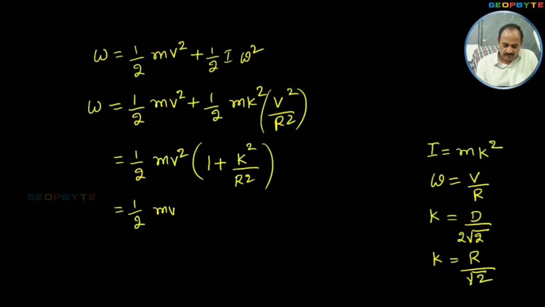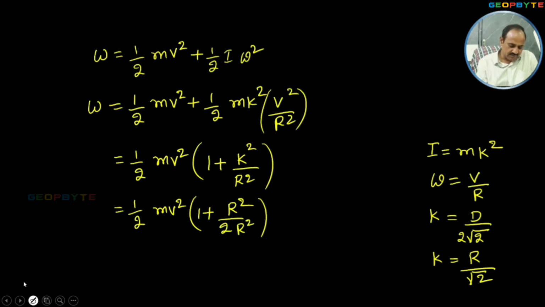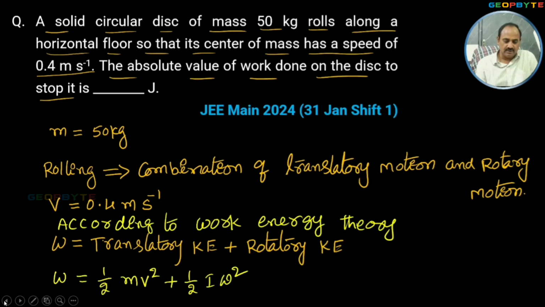Half mv square into 1 plus k square by r square can be written as r square by 2 r square. This r square part is cancelling. Finally it is half m v square into 1 plus 1 by 2. What is the m value given?